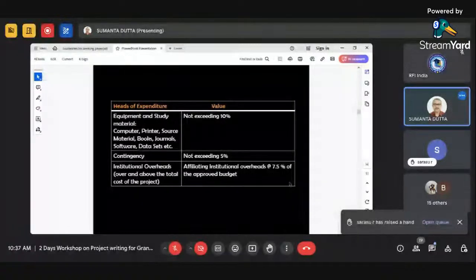This affiliating institution has to bear a certain amount of overhead cost for undertaking this project, and that is 7.5% of the total approved budget. So these are certain clear demarcations that were given by ICSSR when you are preparing a budget. That is very, very important.